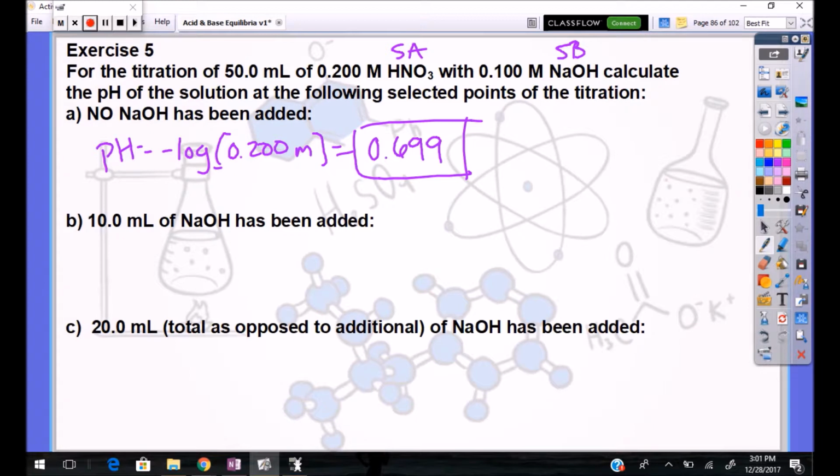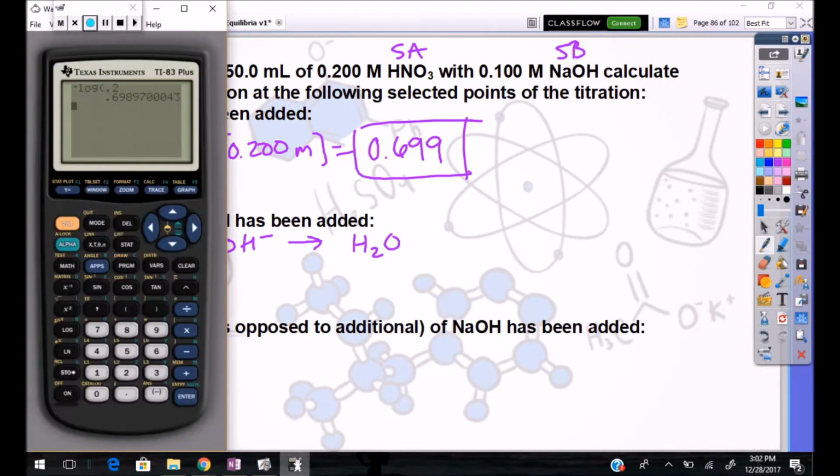All right, so from here on out is where it gets a little more challenging, but it's not too bad. Because I'm dealing with strong acid and strong base, I'm looking at H plus and OH minus. So this one's going to be easy for us because we're forming water each time. Now I'm going to deal in millimoles for this.